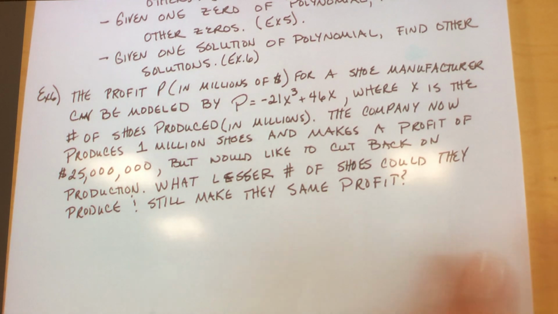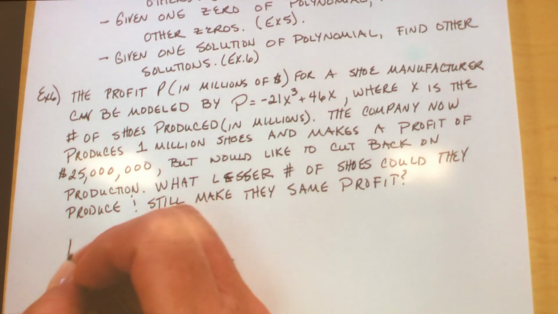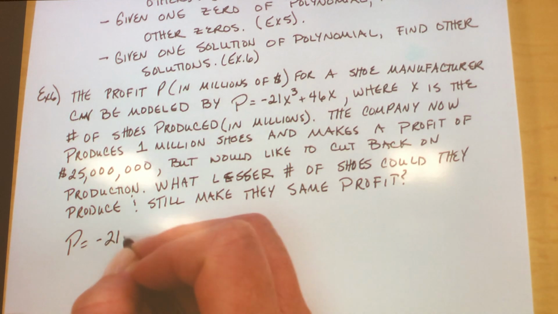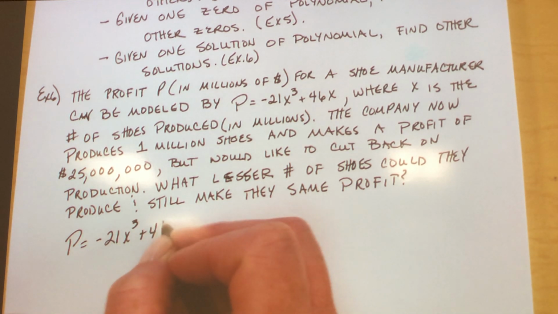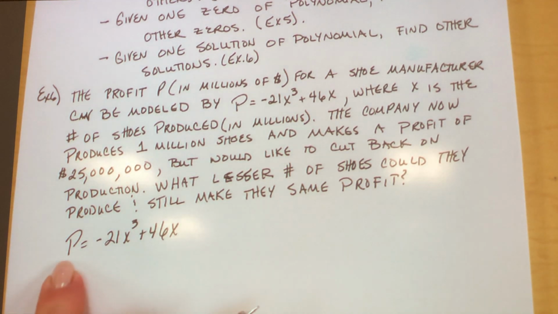All right, so somebody tell me what the equation for the profit is. P equals negative 21 x cubed plus 46x. Very good. And what did they tell me my profit was? 25 million.